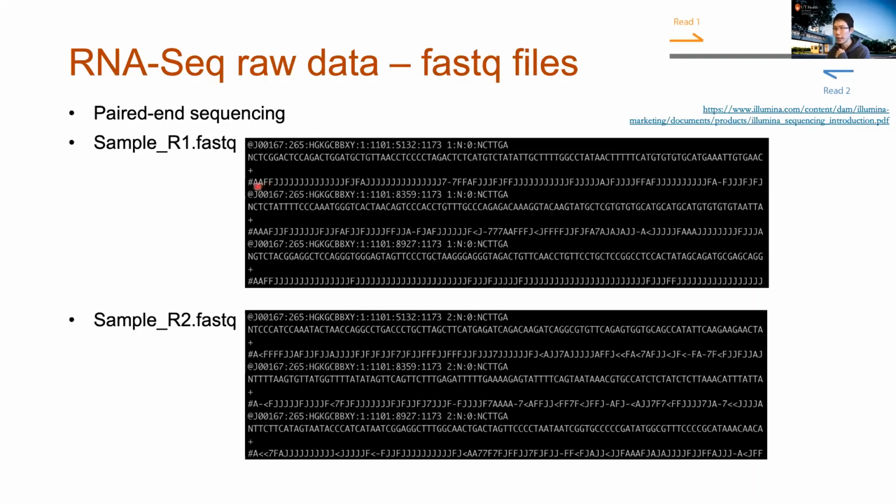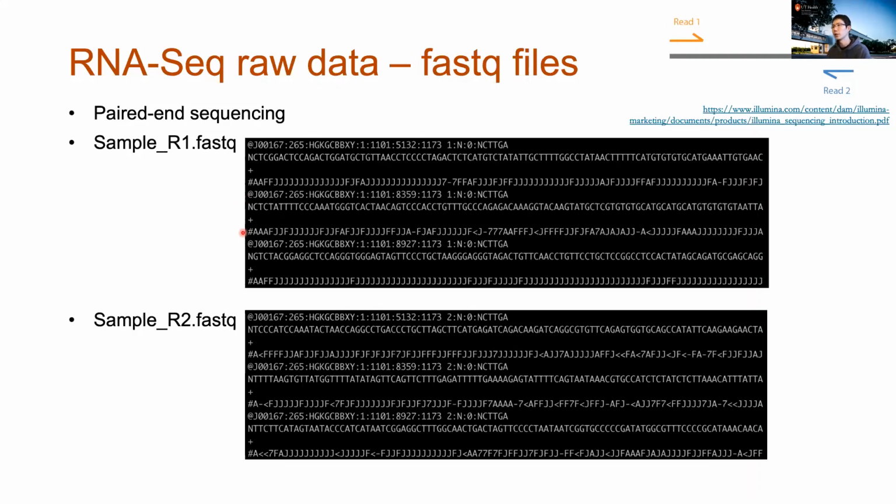The first symbol represents the sequencing quality for the first base, so it's a base by base quality score. It's an ASCII-encoded way to represent scores. Scores are numbers, but they're presented by characters and symbols. Those 4 lines correspond to the first read, and the second 4 lines are the second read.